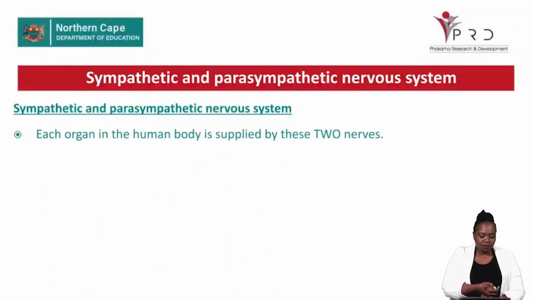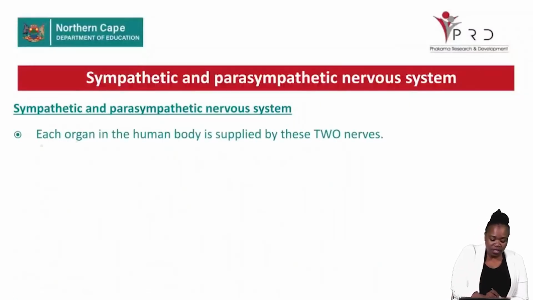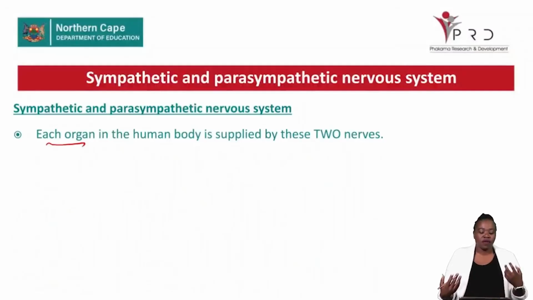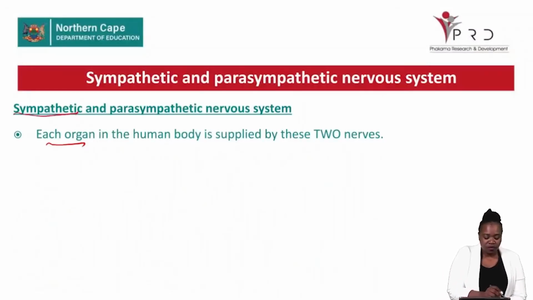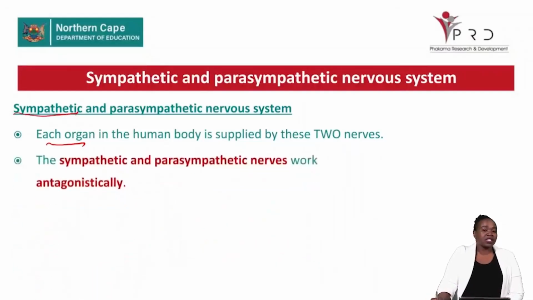Right. Okay. So here, each organ in the body would have a supply of both these nerves, both the nerves of the sympathetic nervous system and the nerves of the parasympathetic nervous system, right? So these two systems work together in the body. They need to work together in order to make sure that things are coordinated properly within the body.